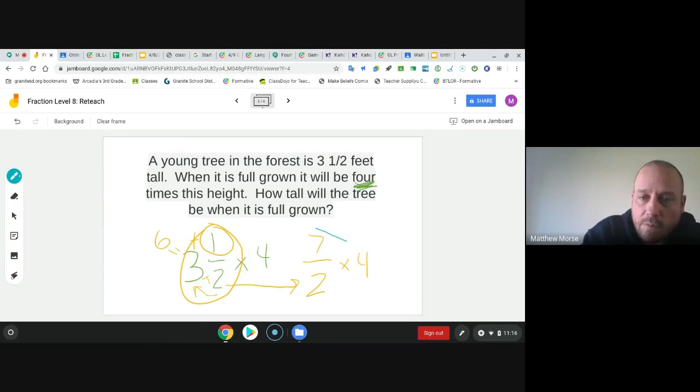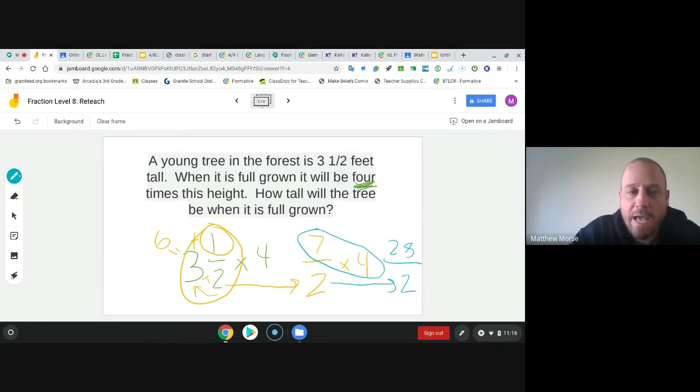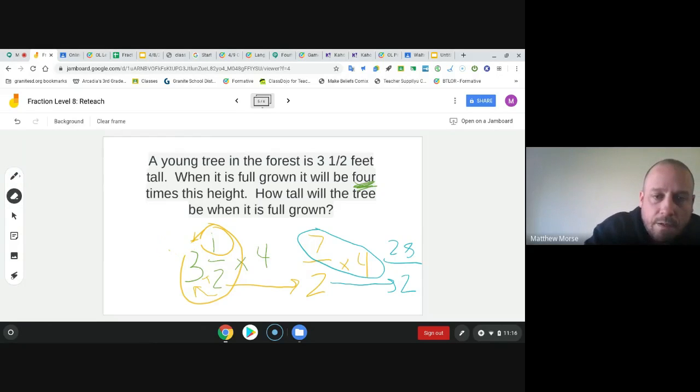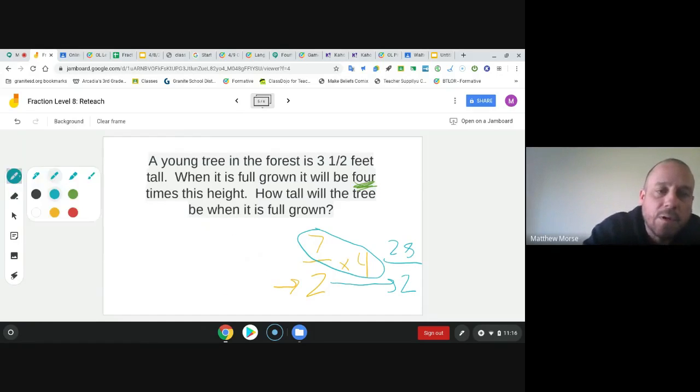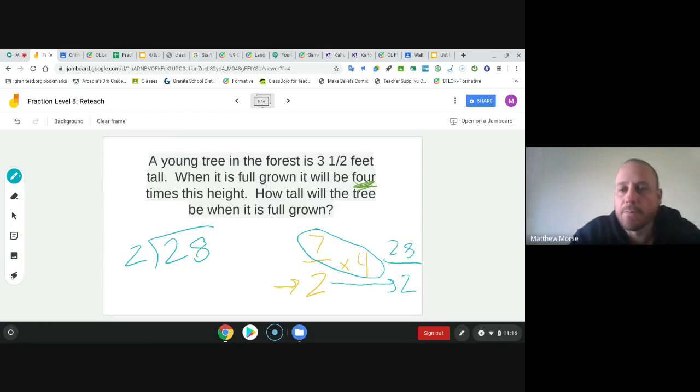Okay, now you're going to multiply. 7 times 4 is 28. And then your denominator stays the same. So you have 28 halves on this one. So last step, turn 28 halves back into a mixed number, or sometimes you might turn into a whole number. So 28 divided by 2, right?